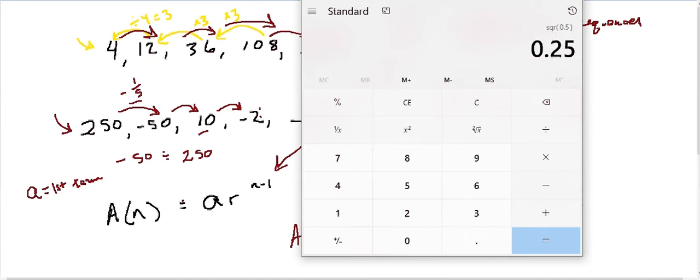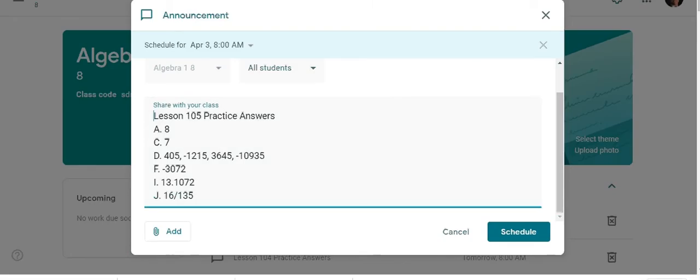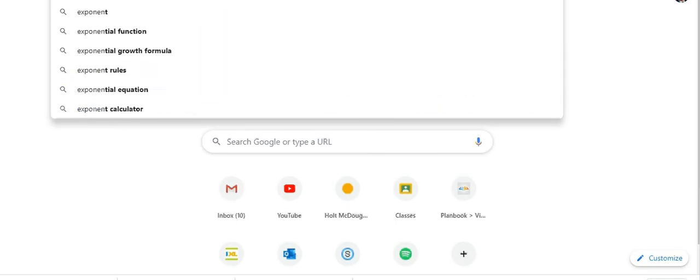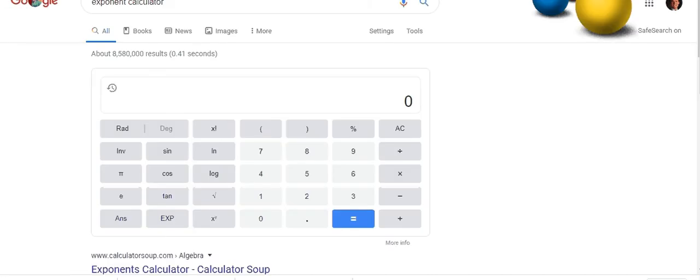Do I have exponents on here? That only has square. So let's use an exponent calculator. In case you don't have one at home, you can see how I find mine. And we're doing 1/2 to the 8th.